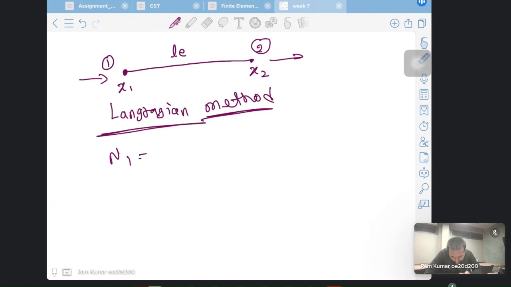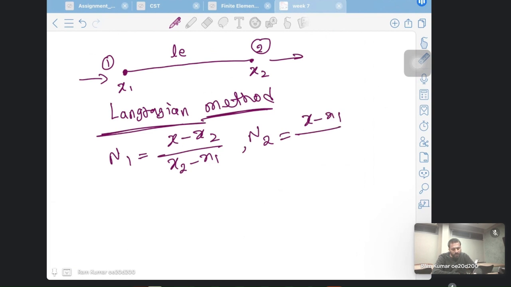So n1 equals (x minus x2) divided by (x1 minus x2). Similarly, what will be n2? n2 will be (x minus x1) divided by (x2 minus x1).